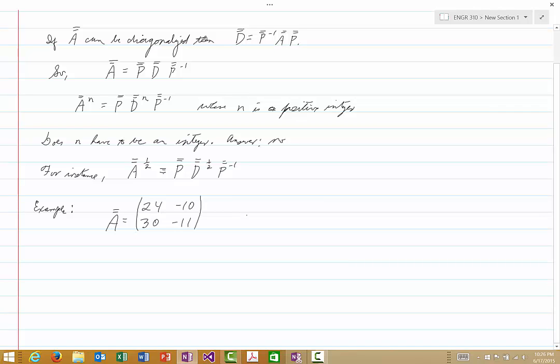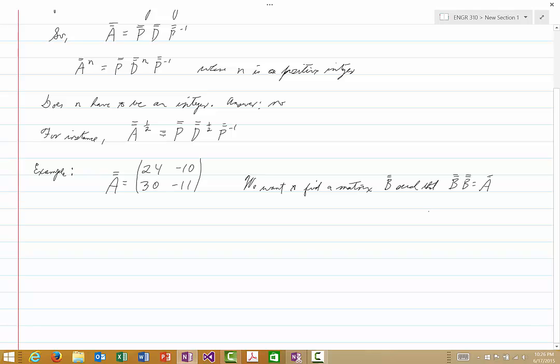And we want to find a matrix, we'll call it B, such that B multiplied by itself is equal to this A matrix. So B is the square root of A. Maybe I'll just write it as A to the 1/2 power.